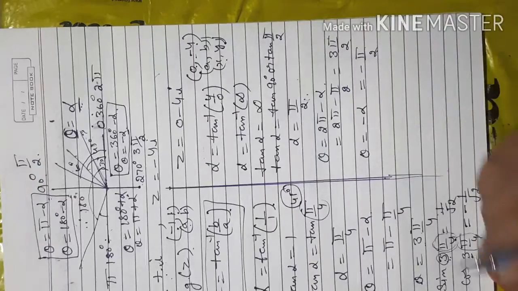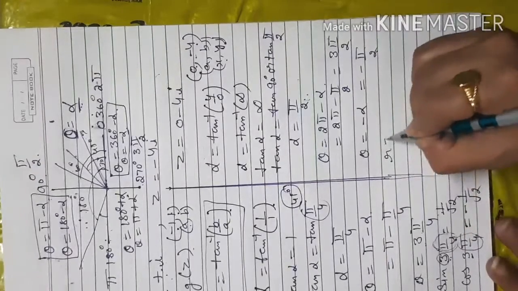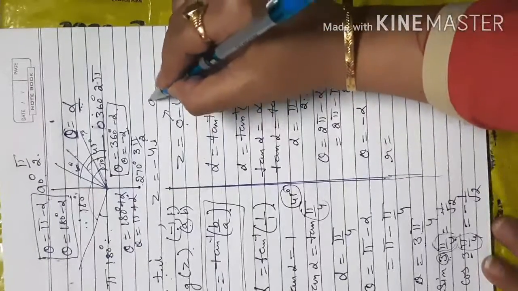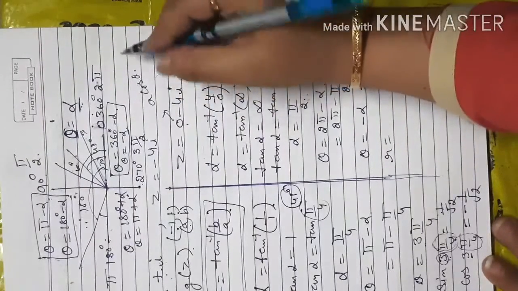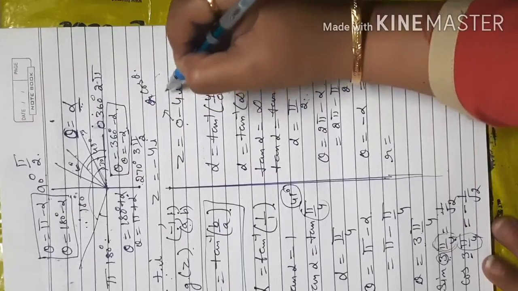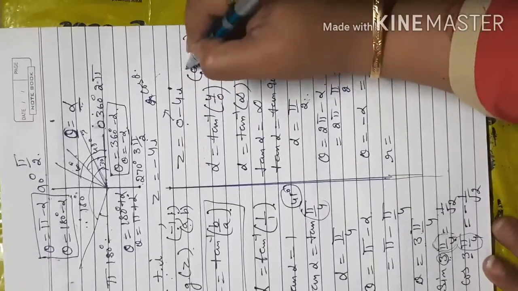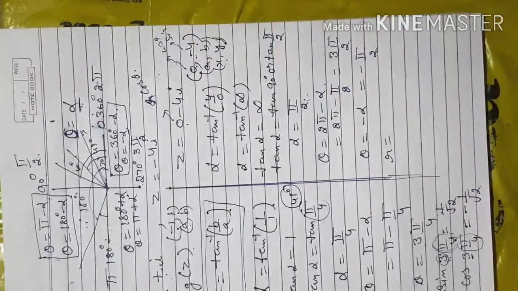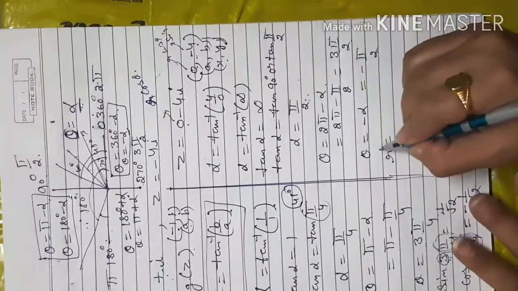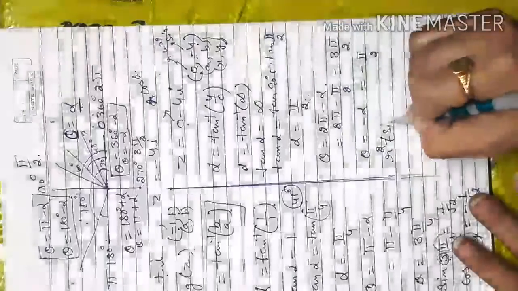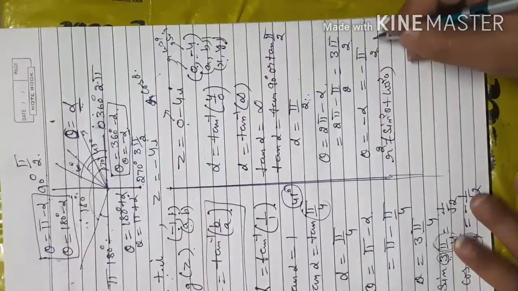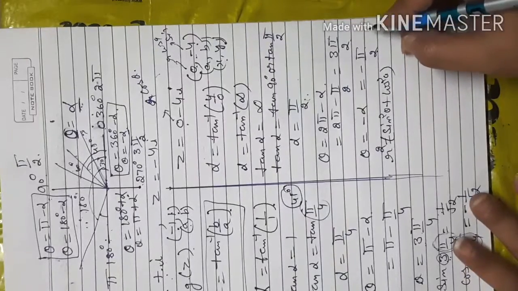Now if we go with the modulus, the r value, we compare this complex number with r cos theta and r sin theta. So 0 is r cos theta and minus 4 is r sin theta. Squaring and adding, r square times sin square theta plus cos square theta, so that will be 4 square plus 0 square, that is 16.